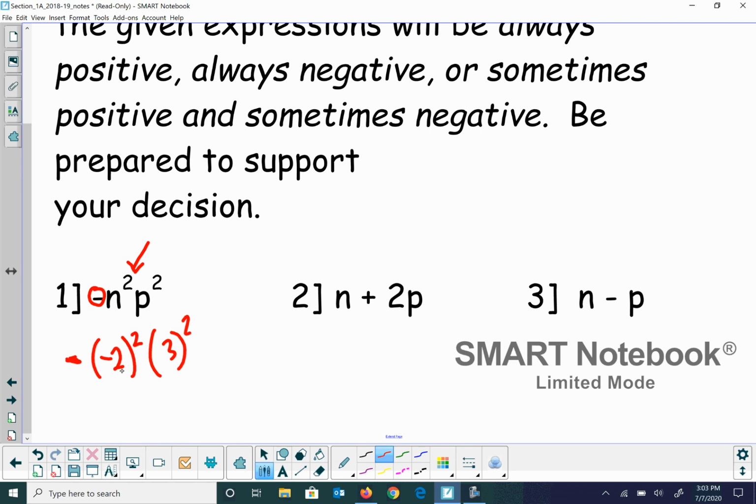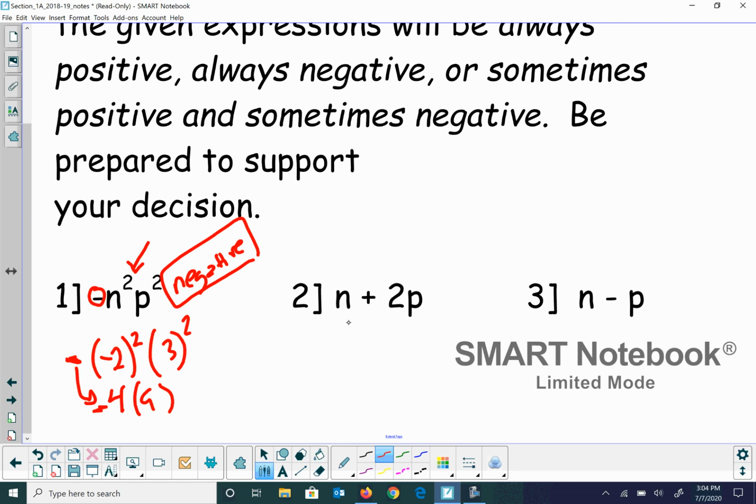So if I square -2, I go -2 times -2, that gives me 4. 3 squared is 9. But notice this negative here is still hanging out. So this is always going to give me a negative answer. Because the negative sign, when it's not bounded in parentheses or square brackets or something like that, is like an afterthought after it takes place.